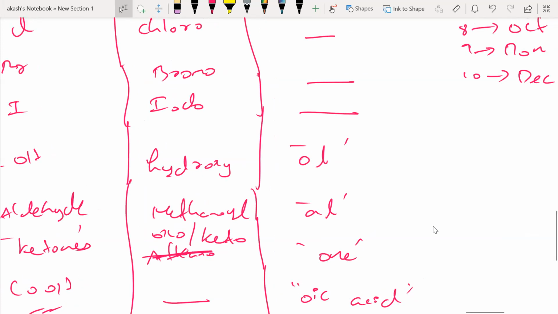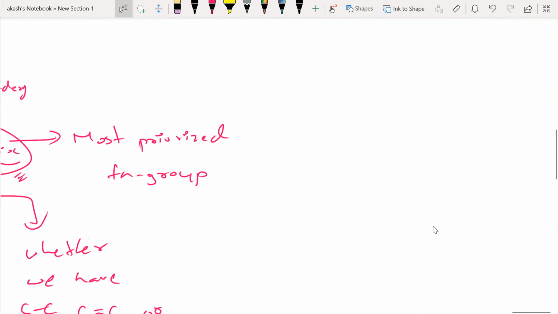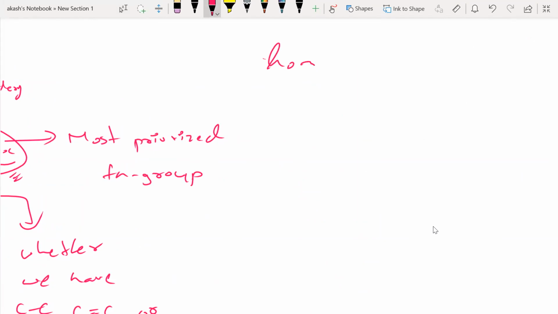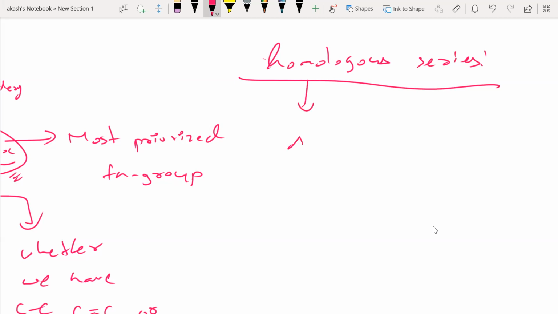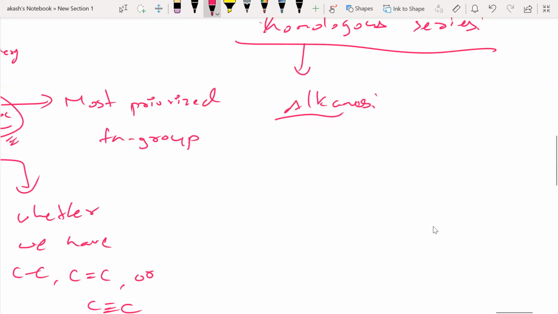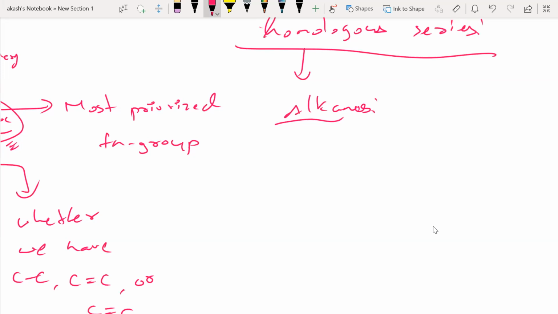So people, what do you mean by homologous series? Say you start, for example, with alkane. Your alkane is going to have only C single bond C. Homologous series is the next compound which can come.